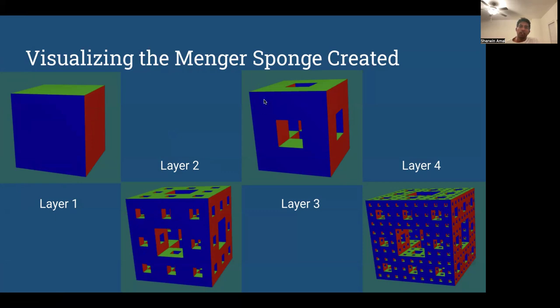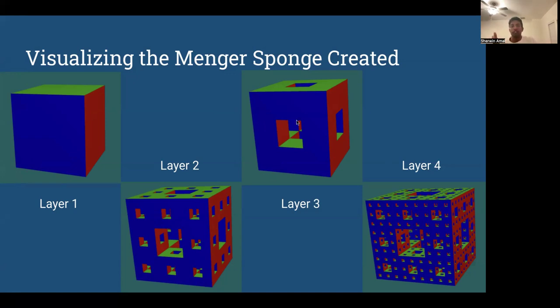Now somewhere in between, you want to look into layer two, which has just one single cube cutout. Layer four is one of the more expansive cubes, with a full pattern being applied at the fourth layer. So there's subcubes of subcubes of subcubes, and it brings a very interesting pattern.